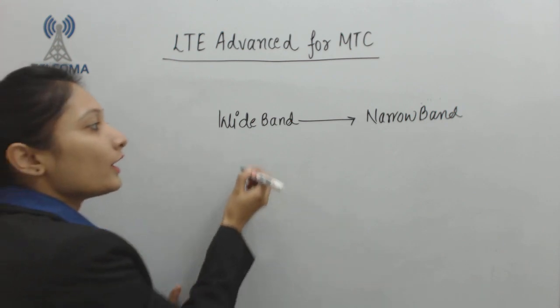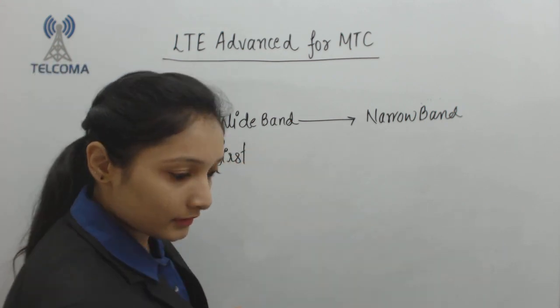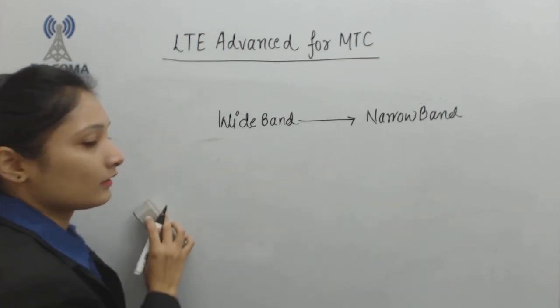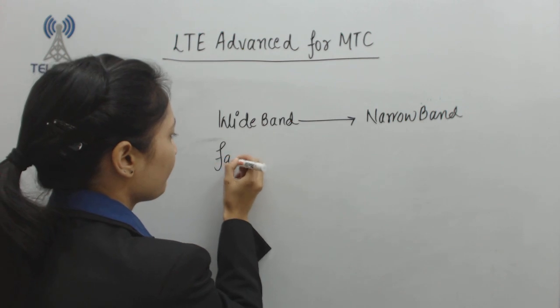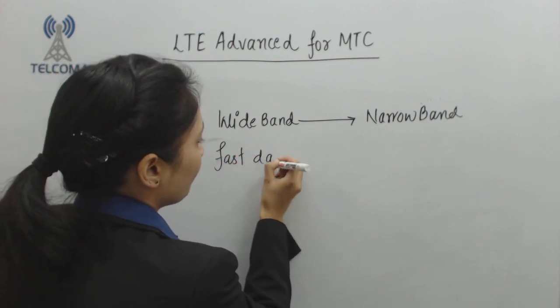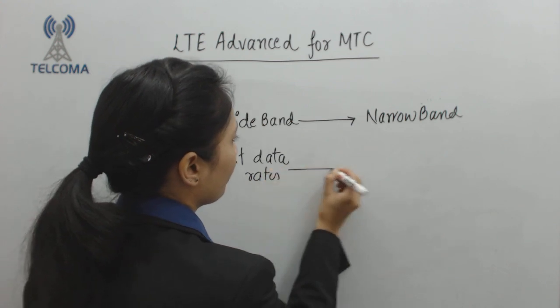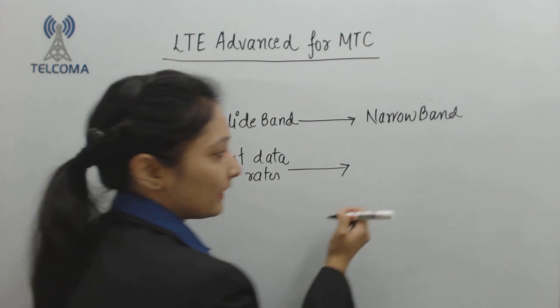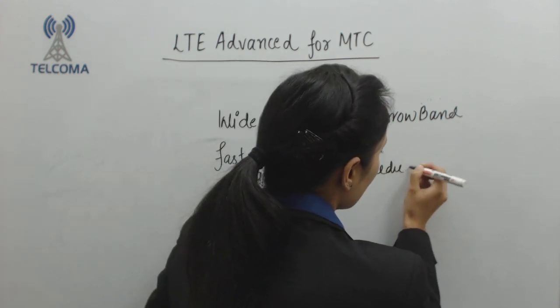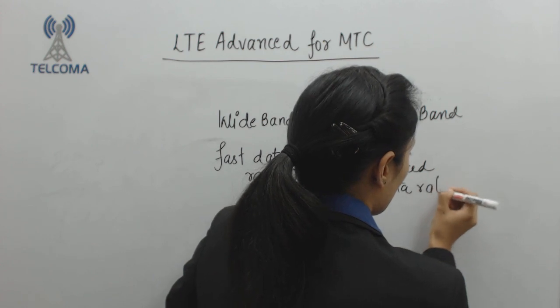Now, the earlier systems or these big systems have fast data rates, so this system will have reduced data rates, because we have infrequent data transmission.